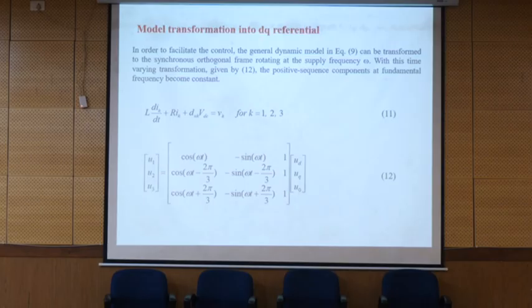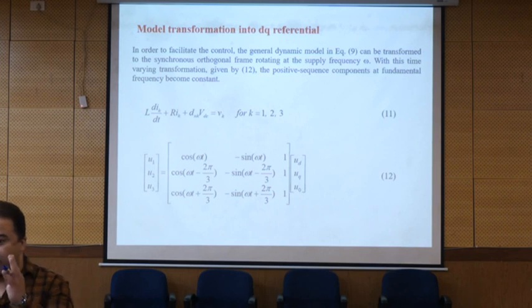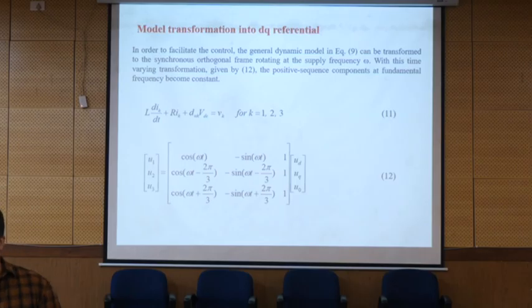Yes. Omega is the angular frequency of the grid. Omega is the angular frequency of the voltage or current, whatever we are using, and t is the time. No, my question is, what is omega t? Angular. But where is it coming from? I know that, but this angle is coming from where?